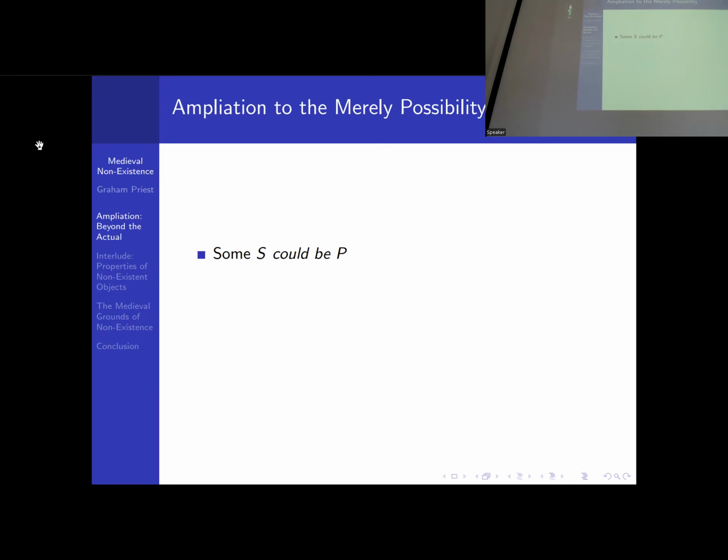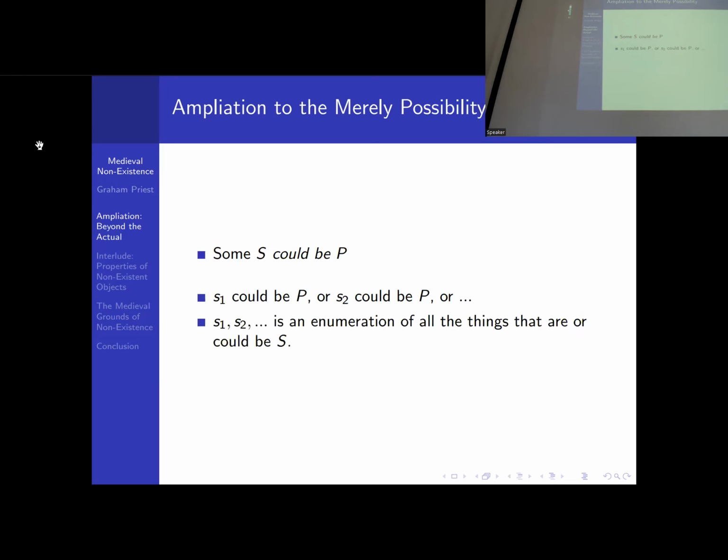So what about some S could be P? All right. Well, what are the truth conditions of that? Well, you've got a further case of ampliation. So no prizes for guessing. What are the truth conditions of this? Well, it's S1 could be P or S2 could be P or... And what are the S's this time? Well, they're an enumeration of all the things that are or could be S.